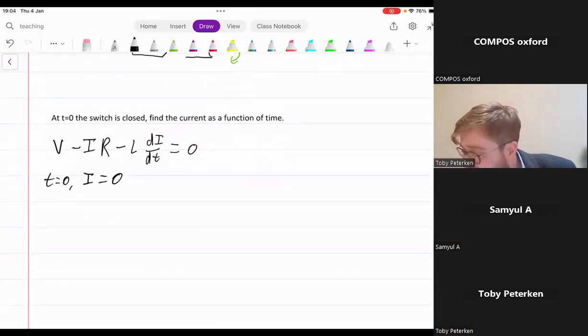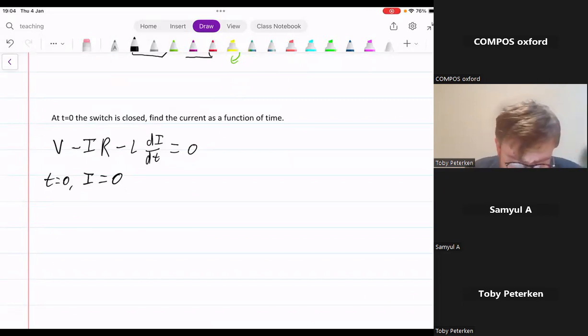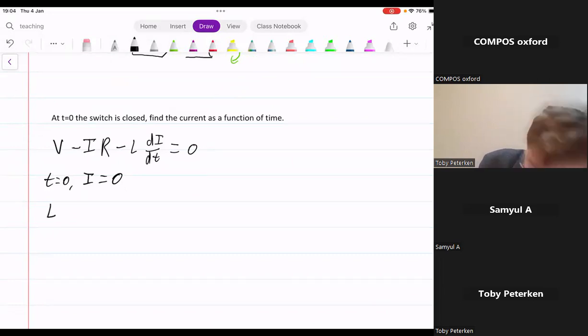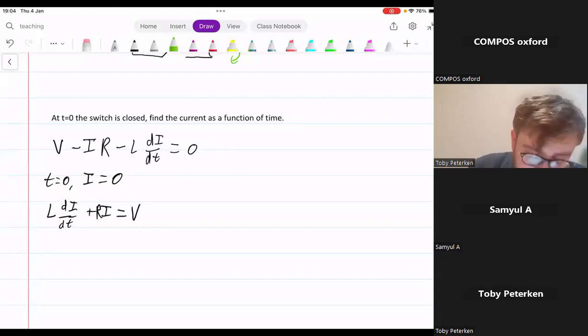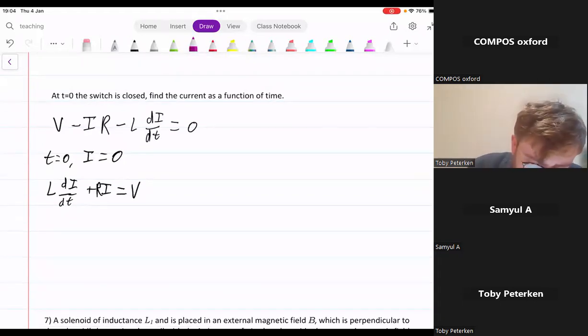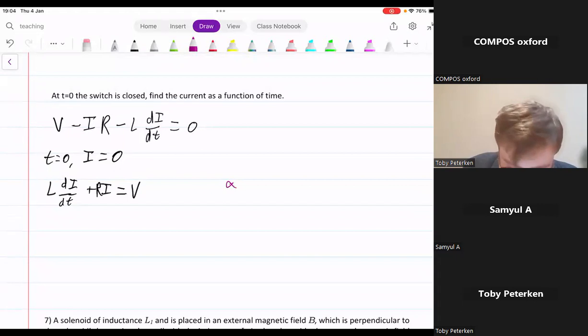So let's get this into a form which you may have seen. It's going to be L di by dt plus Ri equals V. Now, in school, you would have seen this as something like, let's call it alpha, just as a number, dy by dx plus some other number times y equals some other number, c.